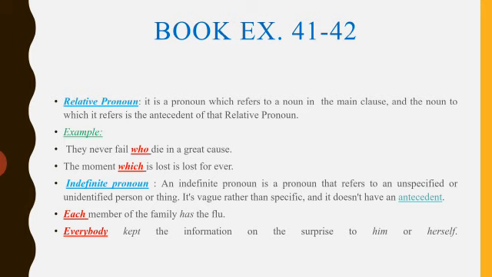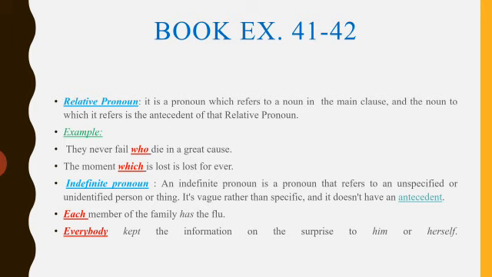Indefinite pronoun. An indefinite pronoun is a pronoun that refers to an unspecified or unidentified person or thing. It is vague rather than specified, and it doesn't have any antecedent. It's not very clear actually.